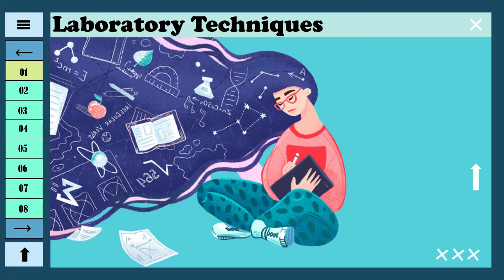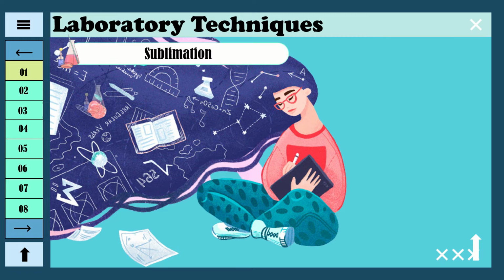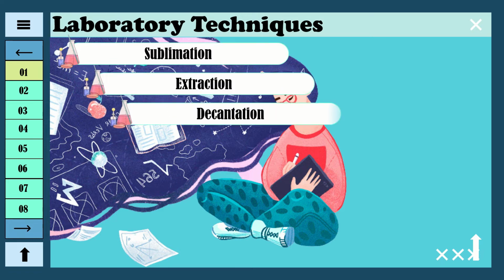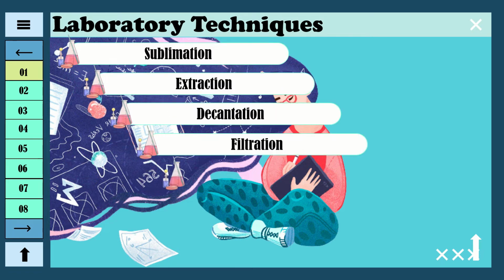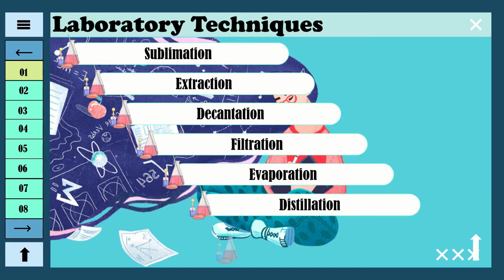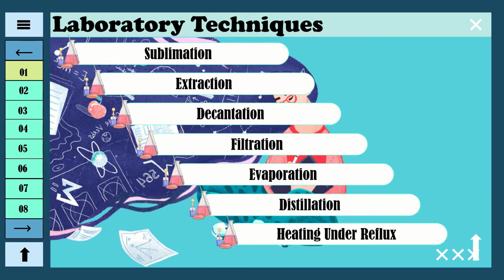For these objectives to be realized, basic laboratory techniques and operations such as separating components of a mixture, like sublimation, extraction, decantation, filtration, and evaporation, will be performed, or it could be through purification of organic compounds such as distillation and heating under reflux, and sublimation can also be used. Thus, sublimation can be used for separating mixtures and for purification. In this discussion, we will know these techniques one by one.